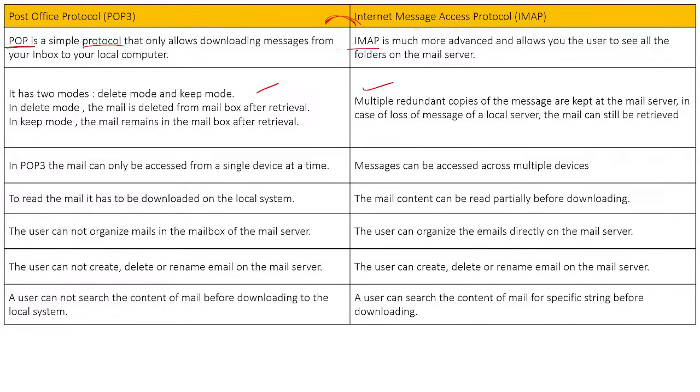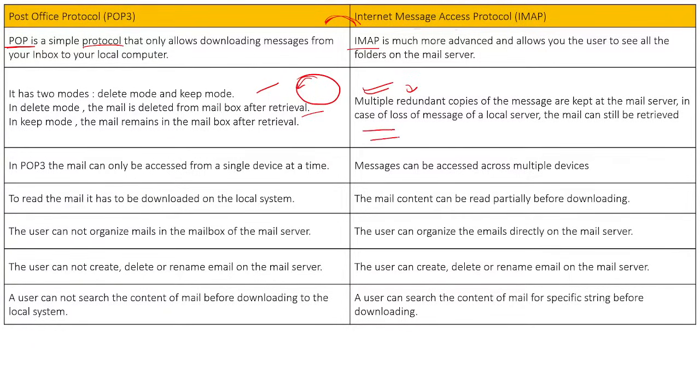Whenever internet is not there, you can still read your mail, because it is stored in your local machine. But if you are opening gmail.com directly, then you can check your mail on that server only. If your internet connection is not there, then you cannot see it, right?